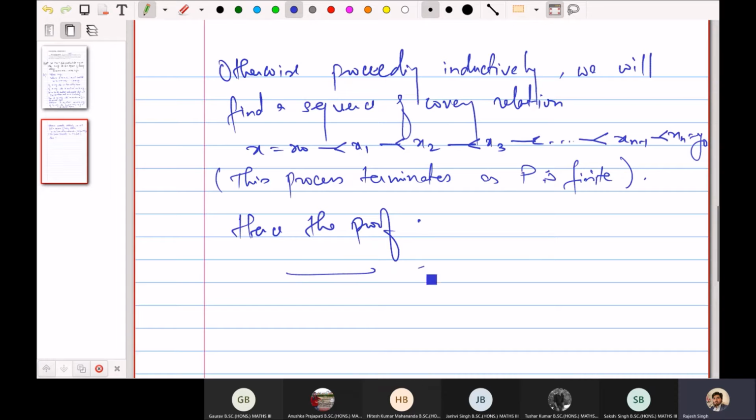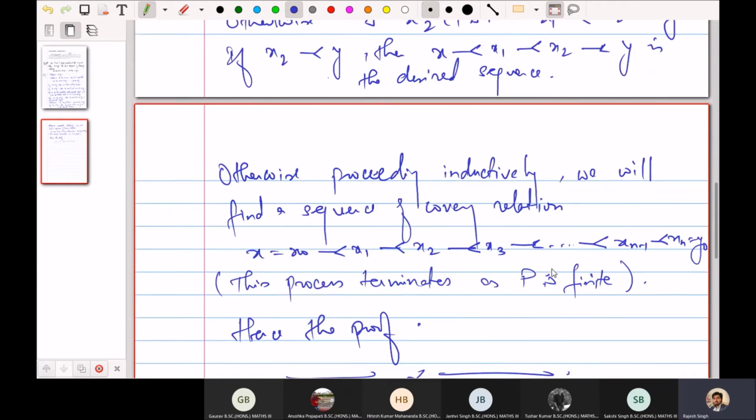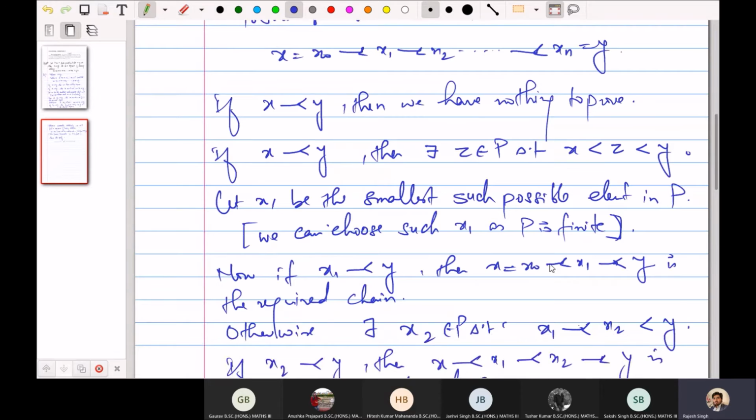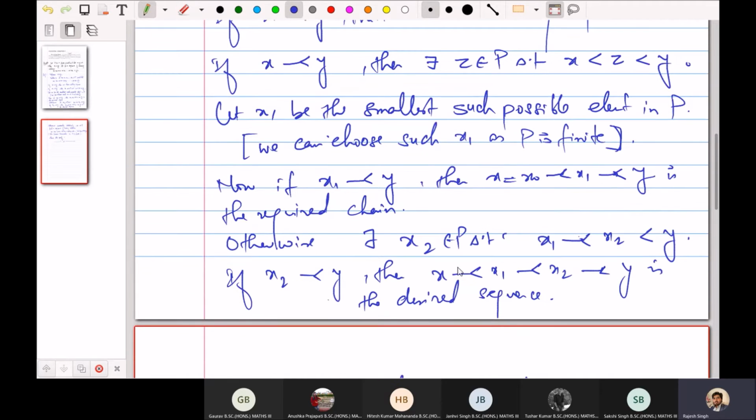Is the proof clear to everyone? We have done nothing new, the same thing as before. If x is covered by y, then our work is done, the chain is formed by itself. If not, we take the smallest element, which will then cover x, because nothing can come below it, since it is the smallest. So we continue this way. If x1 is covered by y, then we stop because this will be the desired chain. If not, again there will be some x2 such that x1 is covered by x2 and x2 is smaller than y.